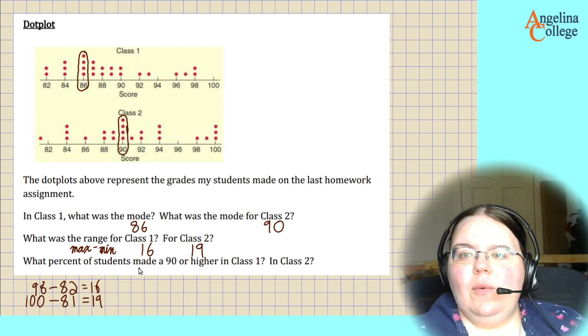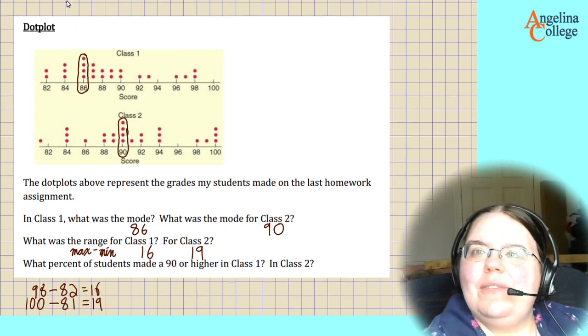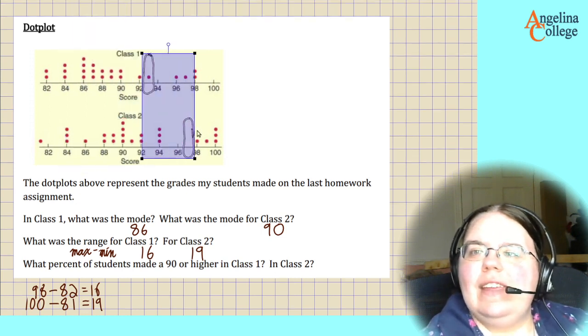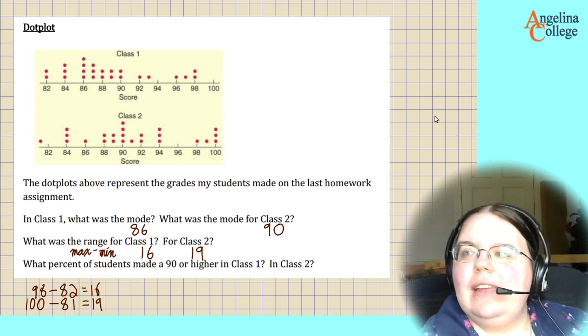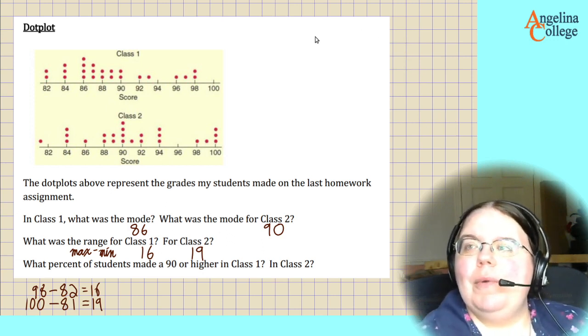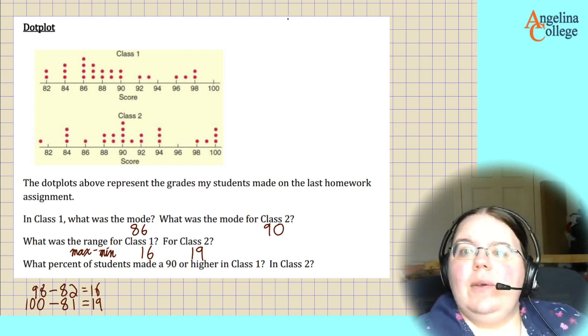Now, another thing we often want to know is how many got an A, right? That's one of the common questions in looking afterwards at certainly test data, but also homework data, because it's nice to get an A, right?